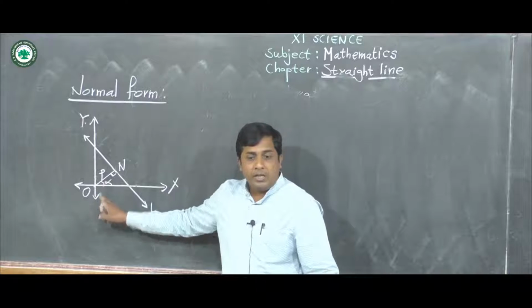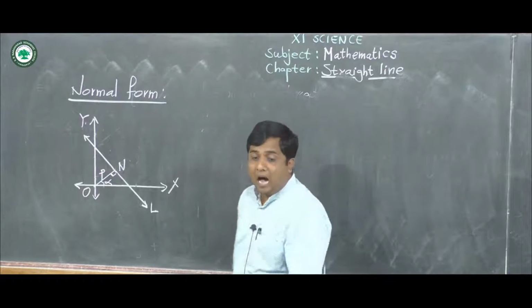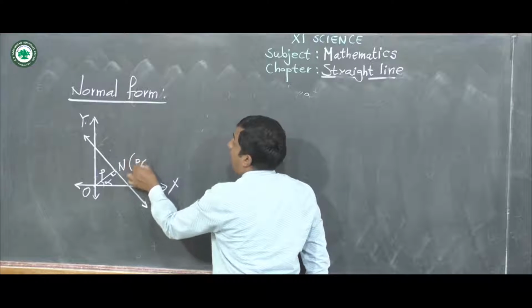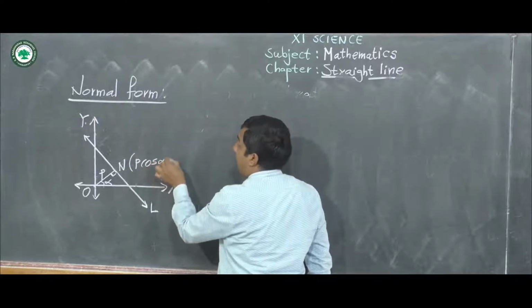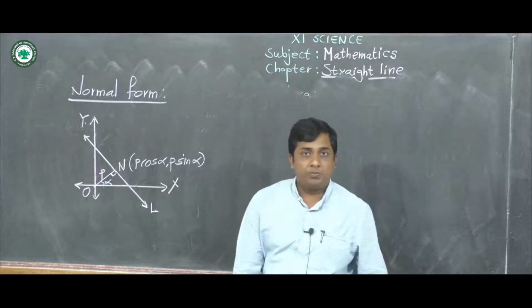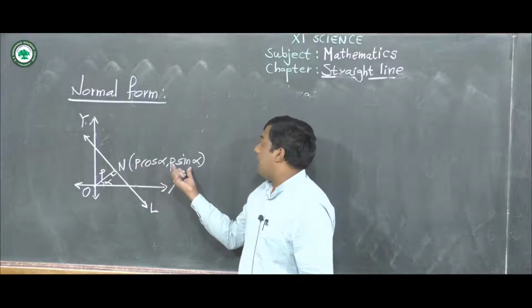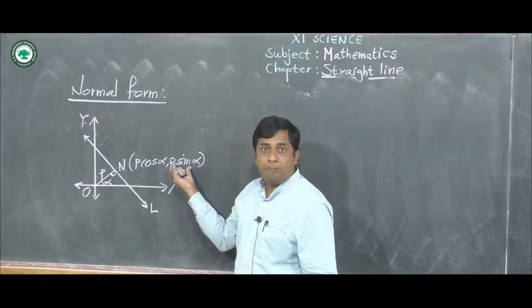If it is alpha, then the coordinates of N are P cos alpha and P sin alpha. Remember this part.